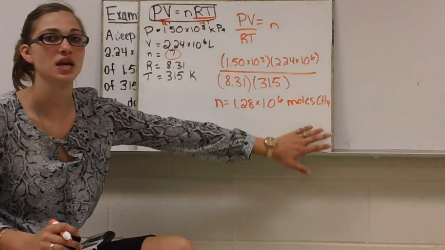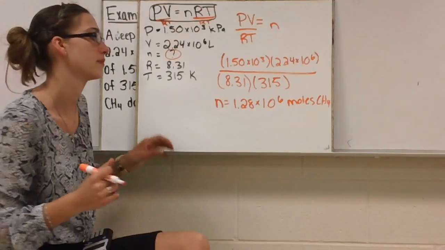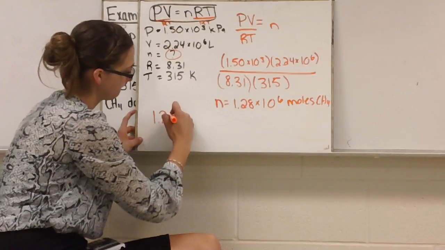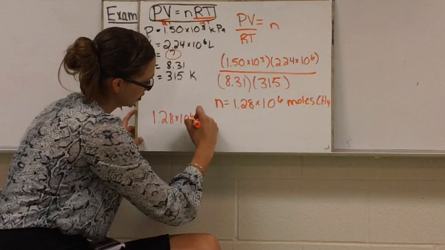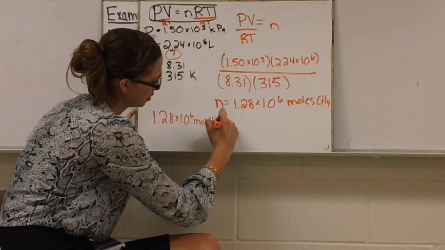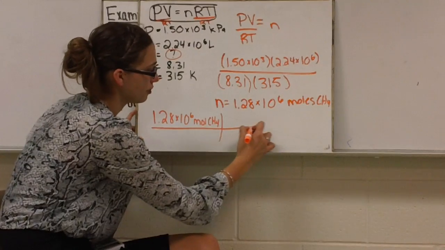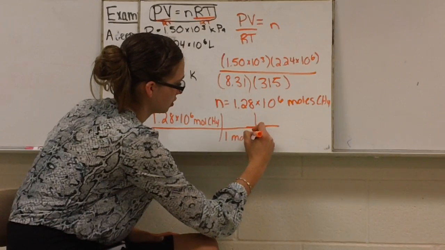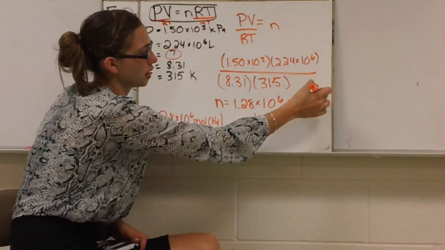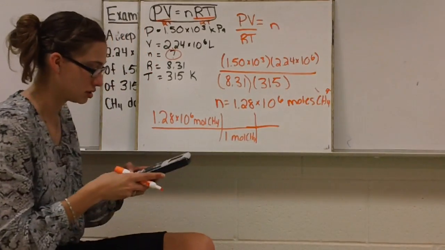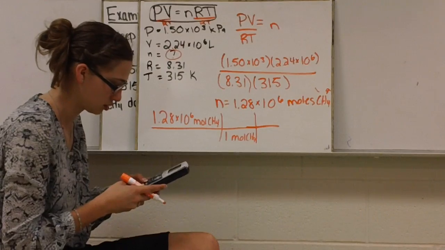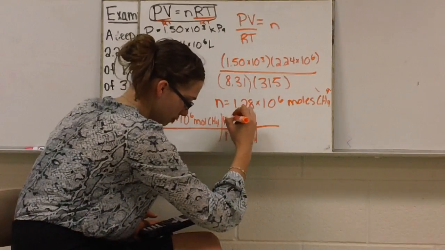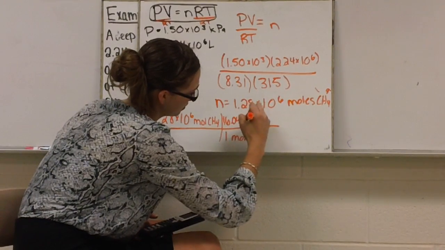Alright, so now I'm in moles of CH4, but the problem asked me for kilograms. So I have to convert moles to kilograms, which means to grams first. I do that by using my molar mass. So my molar mass of CH4, I add together grams of carbon with grams of each hydrogen. That's going to give me 16.042 grams of CH4.